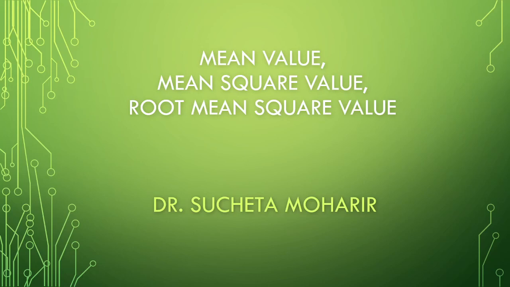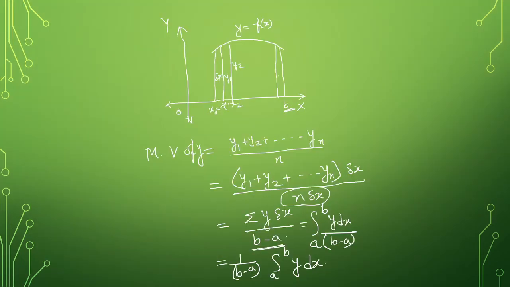Welcome you all in the video lecture on the topic mean value, mean square value and root mean square value. We apply here the concept of integration. Here we consider y equal to f of x in the xy plane and we divide the area from x0 equal to a to xn equal to b.